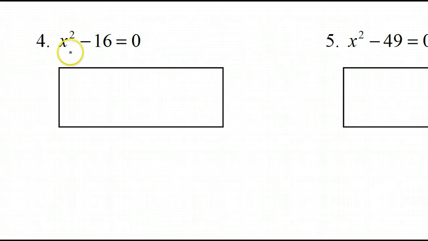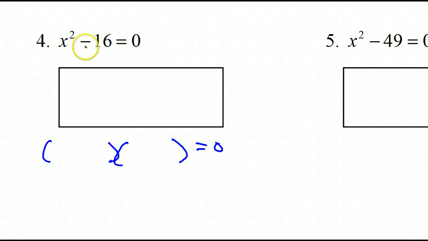All right, looking at number 4. There's no common factor. I already have 0 on one side, so I can go ahead and factor this. This is the difference of two perfect squares. So I can put x plus 4 and x minus 4. And then I can go ahead and do my zero product property.